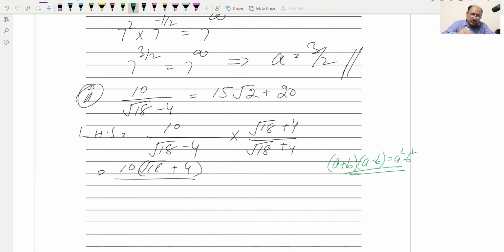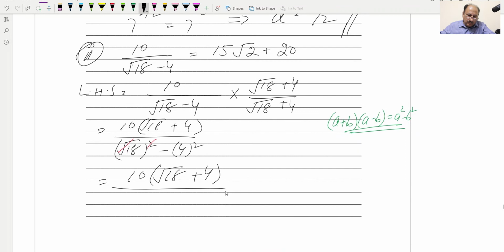So it will be under root 18 squared minus 4 squared, and this square and square root will cancel, and our question will modify to this one.